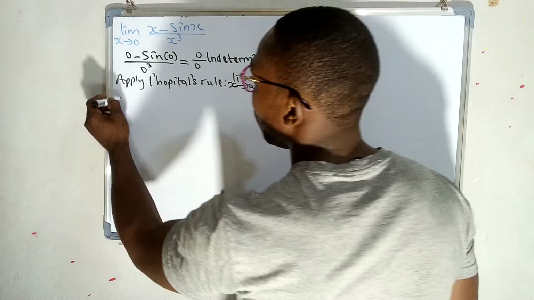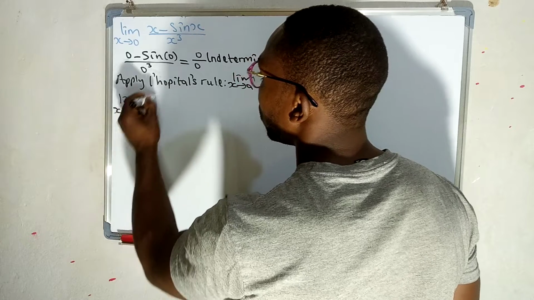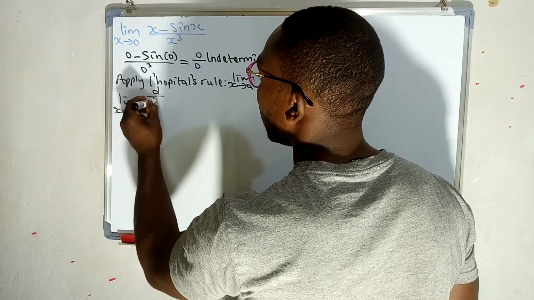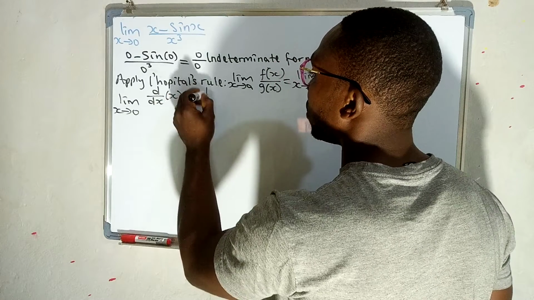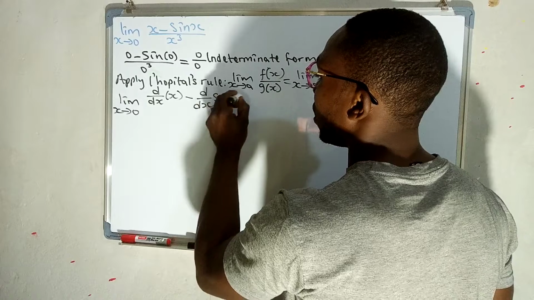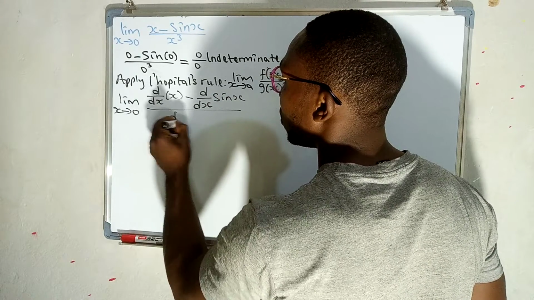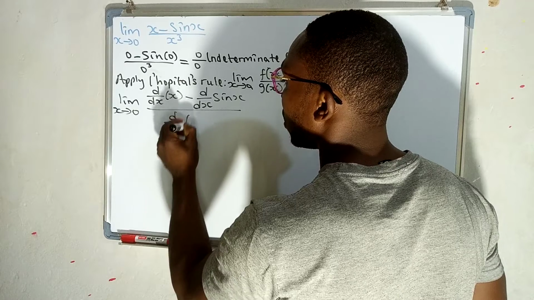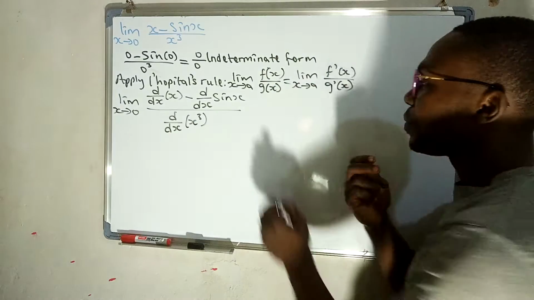I bring my limit as x approaches 0, d over dx of x minus d over dx of sine x, all over d over dx of x to the power of 3.